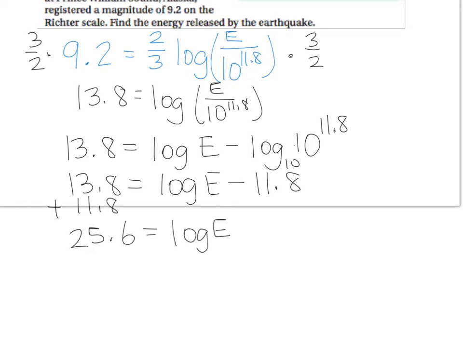The base of the log is the base of the exponent, so that would be 10. The answer to the log is the exponent, and what I'm trying to take the log of is the result. If you put that in the calculator, that equals 3.98 times 10 to the 25th.